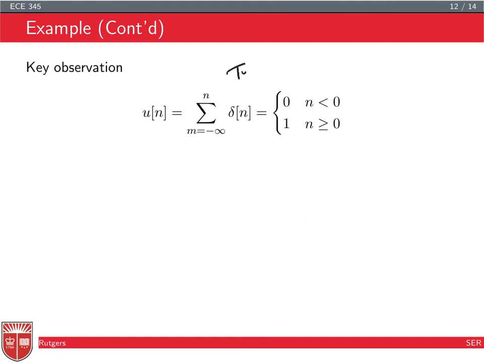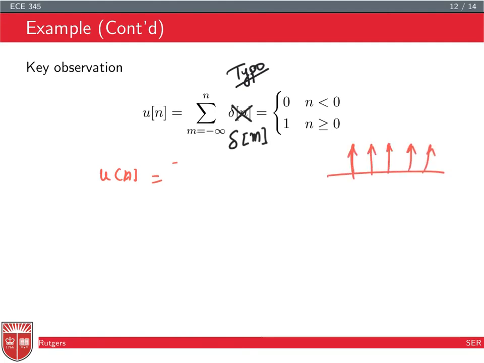So the key observation here is to write the step function as the accumulator function of the impulse function. u of n is equal to, so you're summing these deltas, right? It's the sum from m equal to 0 to infinity of delta of n minus m. And now I can do a change of variable.